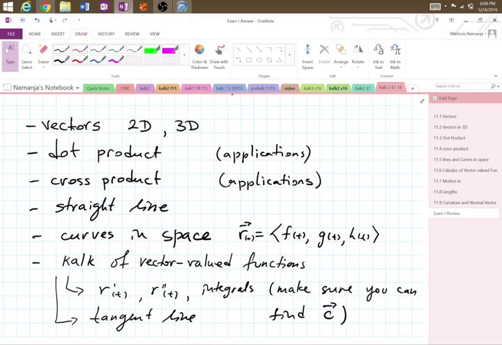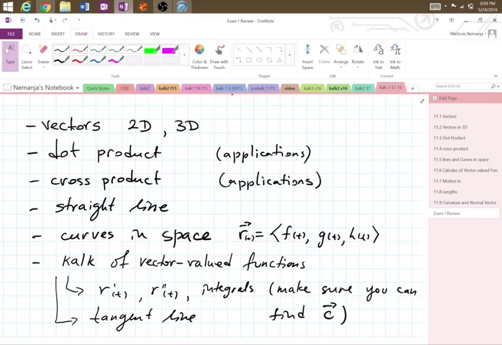What else is there? We have dot product. Dot product is used for what? Angle between 2 vectors. Dot product can be computed in any dimension. And the most useful application is to find the angle, but we can find the projection in there.